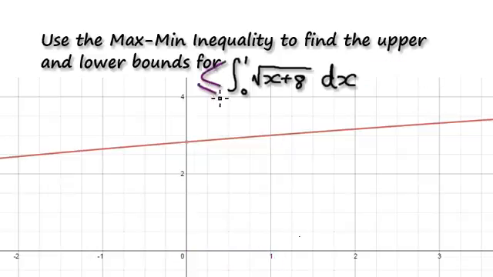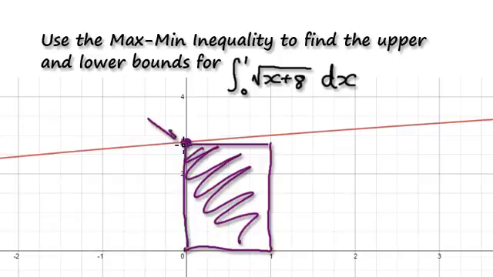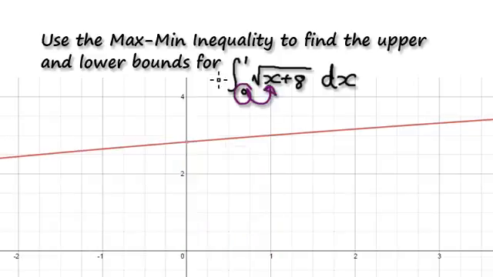And then the smallest value that this thing could be is right here. So it's you working out this area here. The minimum value would be you putting 0 into here, so that would be root 8.